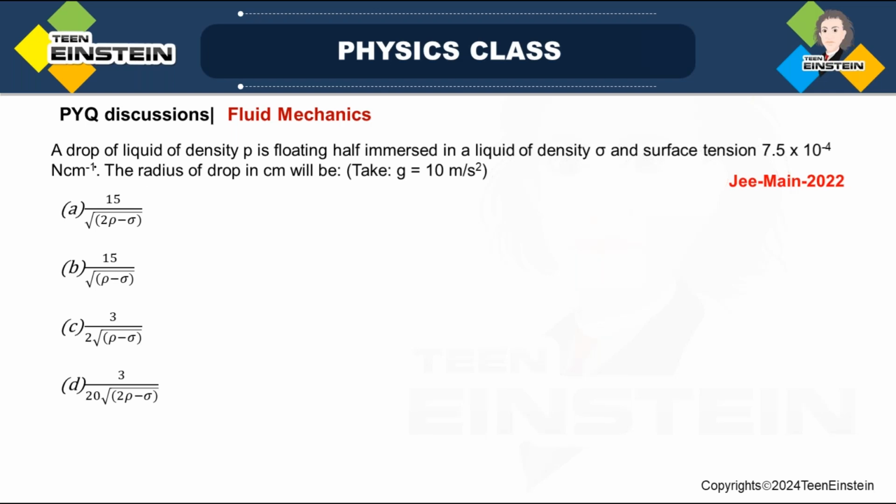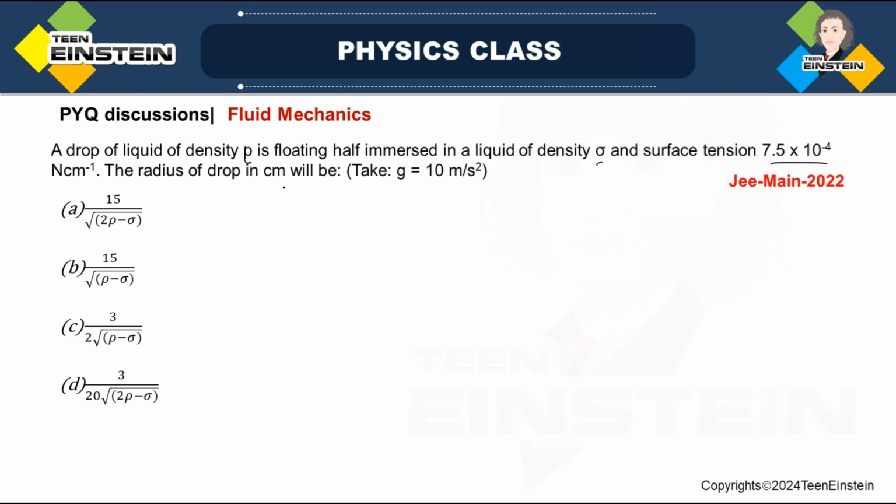The first question says: a drop of liquid of density rho is floating half immersed in a liquid of density sigma and surface tension 7.5 into 10 to the power minus 4 Newton per centimeter.